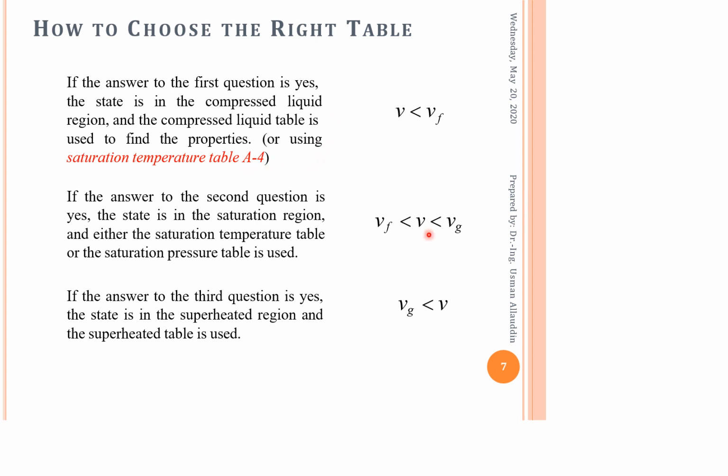For the saturated mixture, we use table A4 and table A5, depending on whether temperature or pressure is given to us. And this was our superheated region, for which we use table A6.